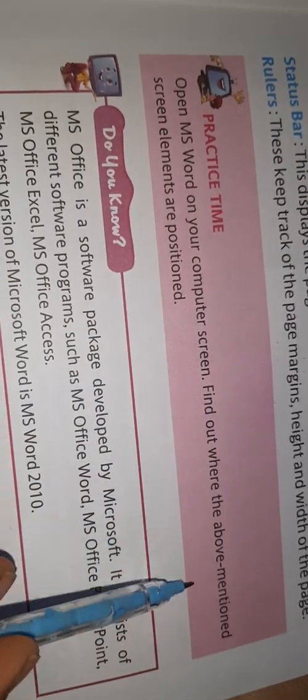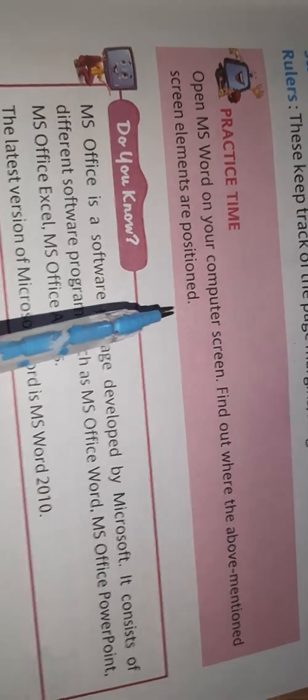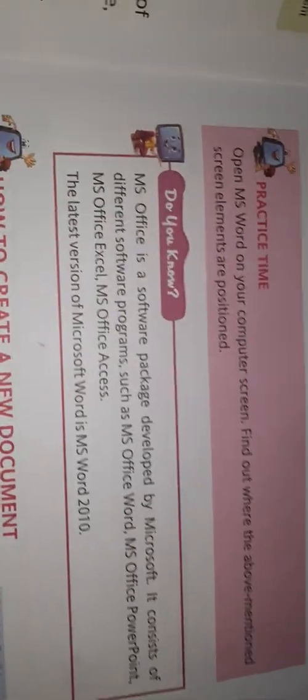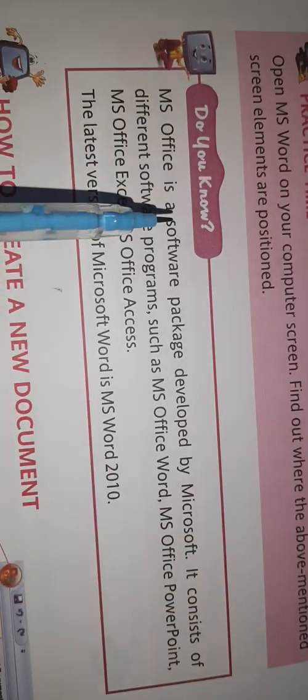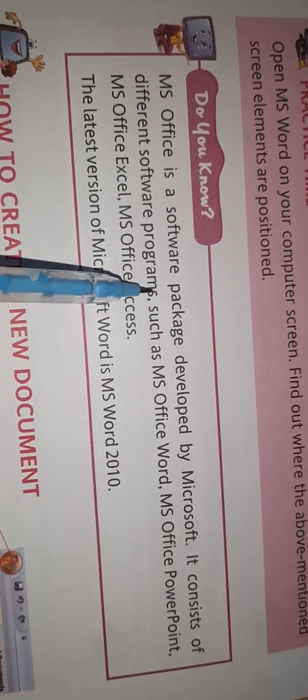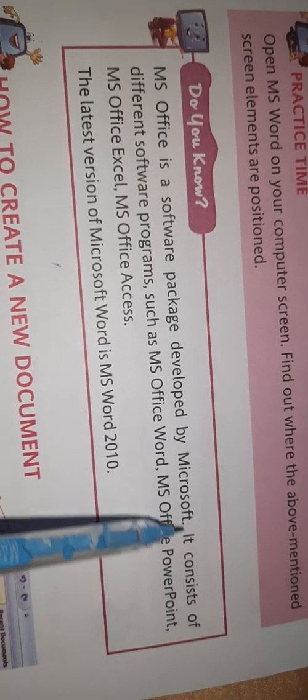Practice time: open MS Word on your computer screen, find out where the above mentioned screen elements are positioned. If you have a system at home, you can practice along with your parents. Do you know MS Office is a software package developed by Microsoft?